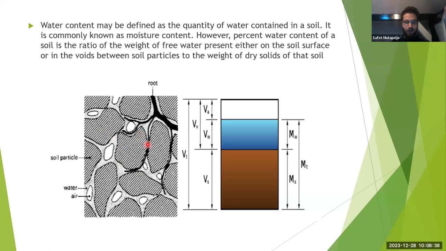I hope you were there. Of course, when you have soil, you have some void ratio and voids between the solids, and in those voids there can be either water or air. So as I said earlier, that's the three-phase composition of the soil. So basically, water content is how much water we have in our soil sample.